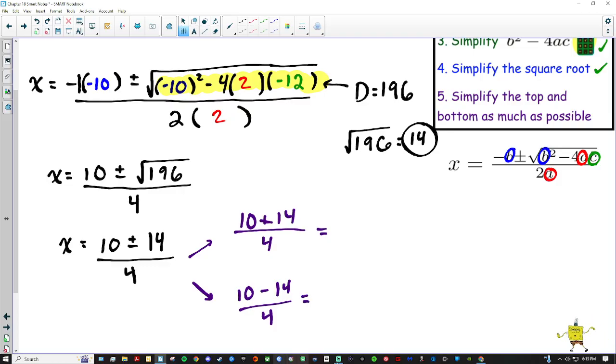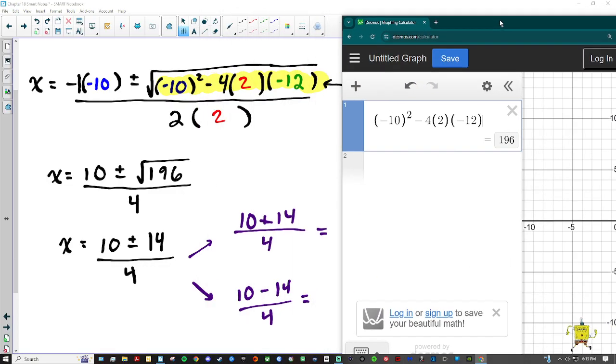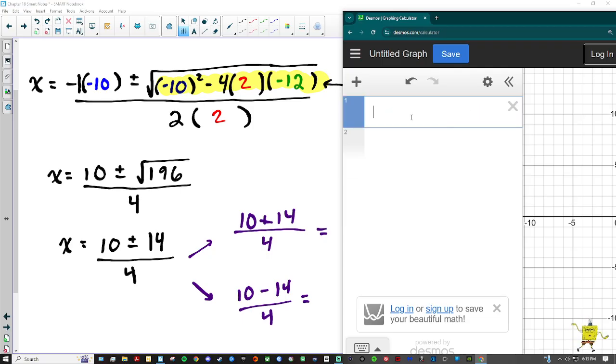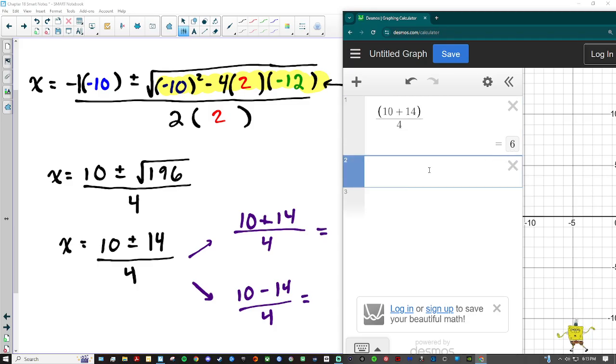And we're going to use Desmos to help us out. So first, I'm going to type in all on the top of a fraction. So in parentheses, 10 plus 14, all divided by 4. I get 6. And the reason I'm doing parentheses, if I write 10 minus 14 and do my divide, I'm only dividing the 14.